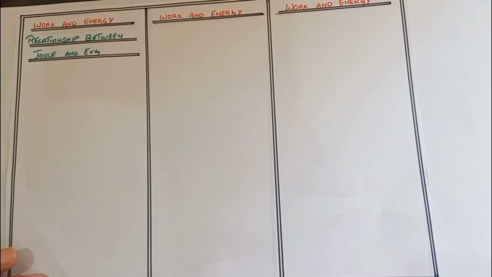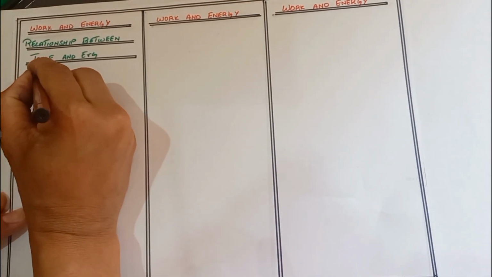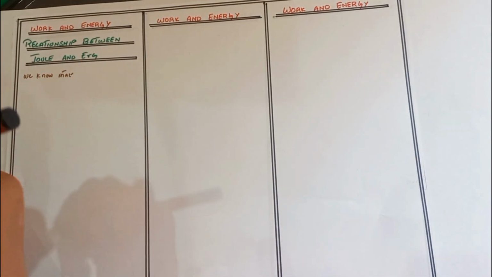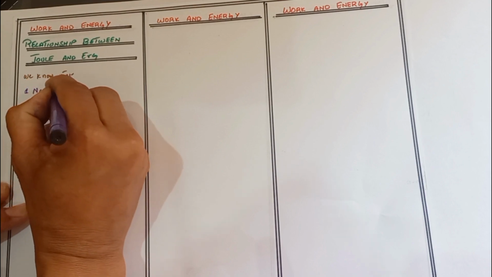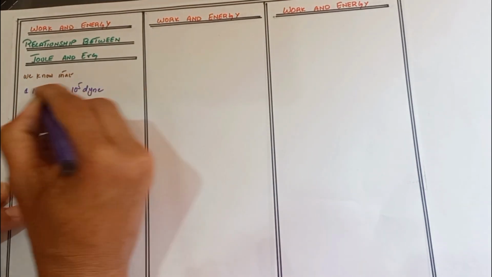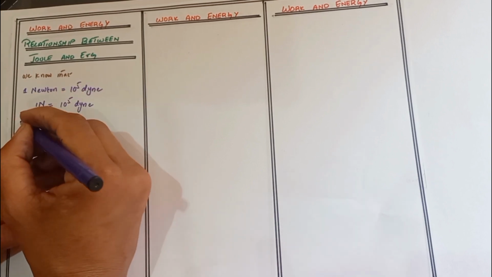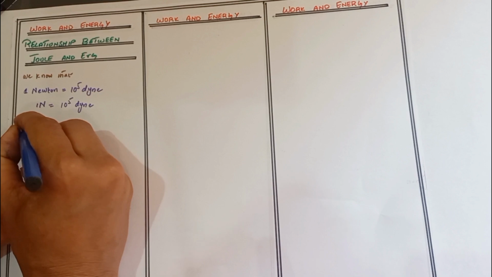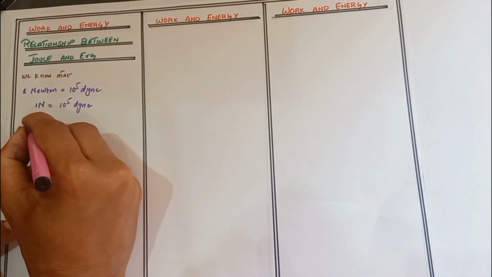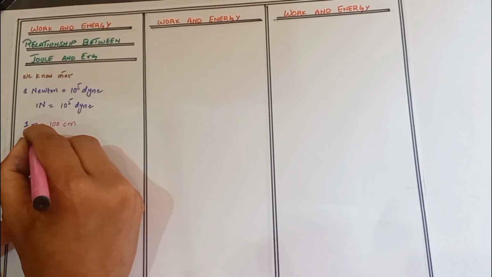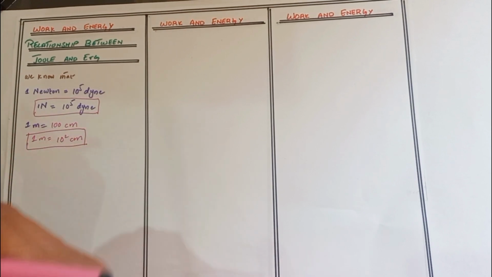Now we discuss the relationship between joule and erg. Here we know that 1 Newton is equal to 10 to the power 5 dynes. 1 meter is equal to 100 centimeters, in short form 10 to the power 2 centimeters.